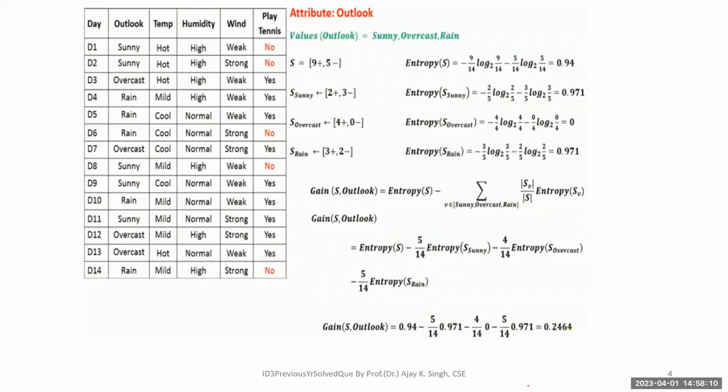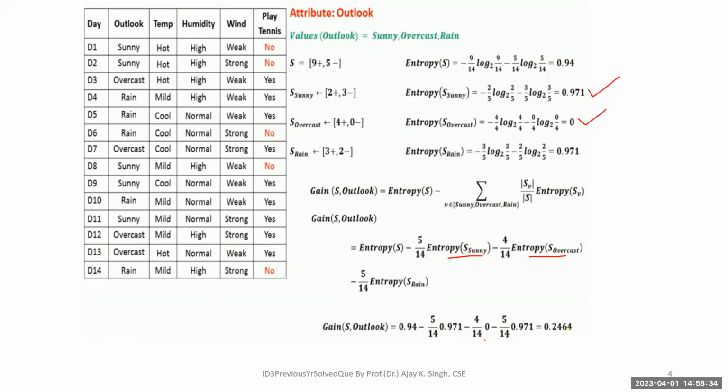Are you getting it? Okay, assume everything is fine. Now, coming back to this, I'm going to put all the values up to here. The entropy of sunny has already been calculated from here, and the entropy of overcast is 0 in this case.